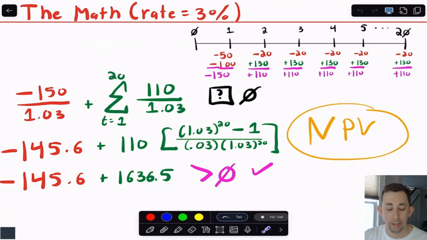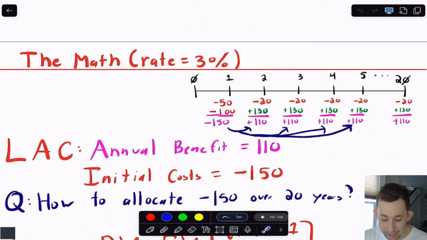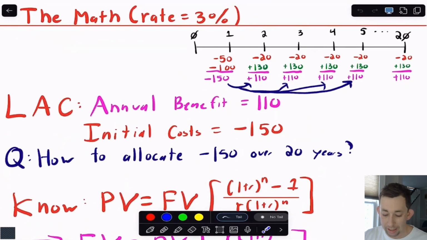And that's how net present value worked. Now, one thing we can do instead is we can say, well, instead of taking all these 110s, all these benefits in every year, and bringing them to period 0, and bringing this 150 to period 0, what we can do instead is we can take this 150 that we pay in period 1, and we can distribute it to every year, okay?